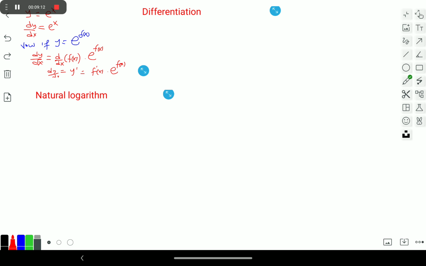Now let us see how we differentiate the natural logarithm.